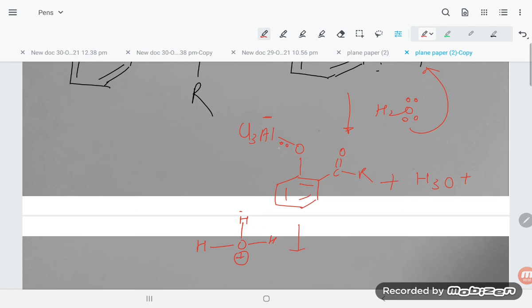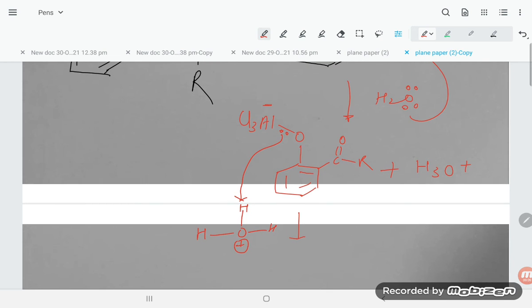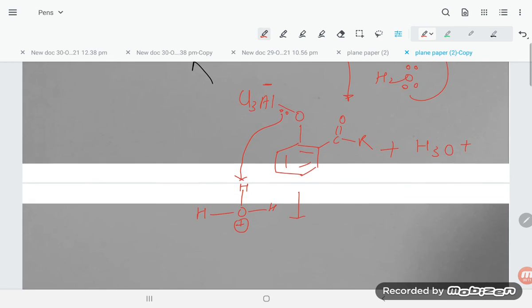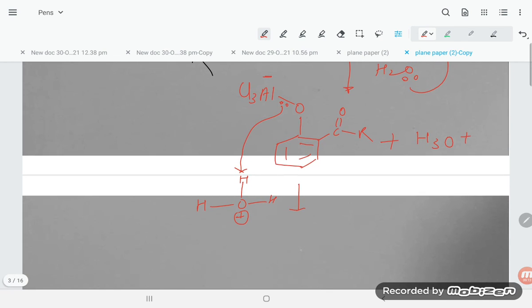This bond pair of electrons is going to attack here. So what is going to happen here? This group O will acquire H and become OH. This is C double bond O, and here is R, and simultaneously it will give H2O, and one more thing is going to form, that is AlCl3.